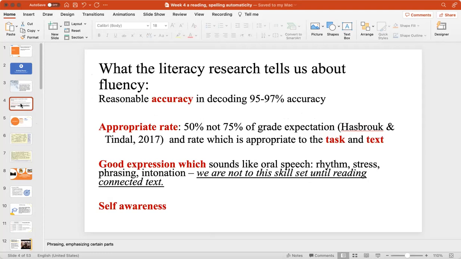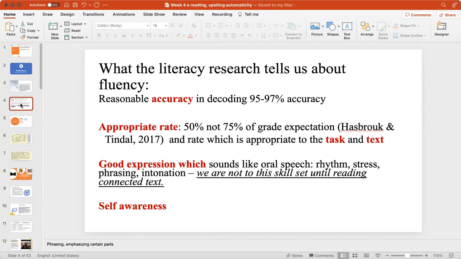So it's very high accuracy at an appropriate rate, and the third element of fluent reading is good expression, to sound like oral speech. That's stressing different words, phrasing, having our voice go up at the beginning of a declarative sentence and down for a question. So it's really teaching our students to not read like robots.